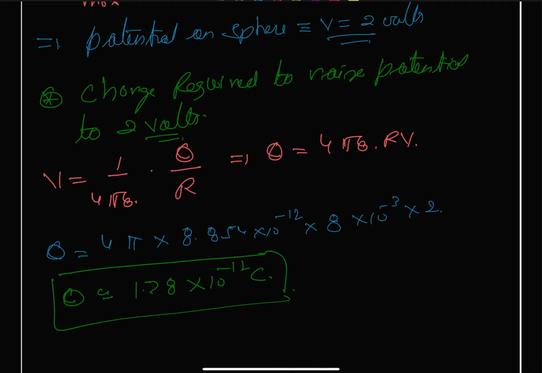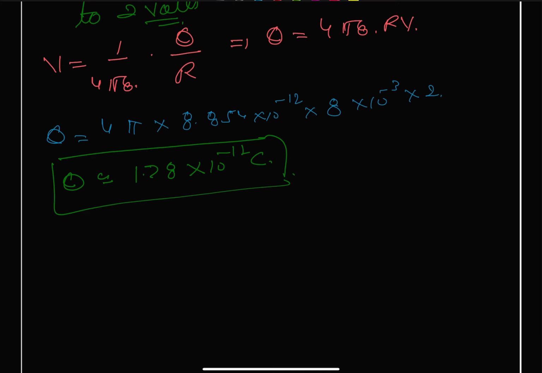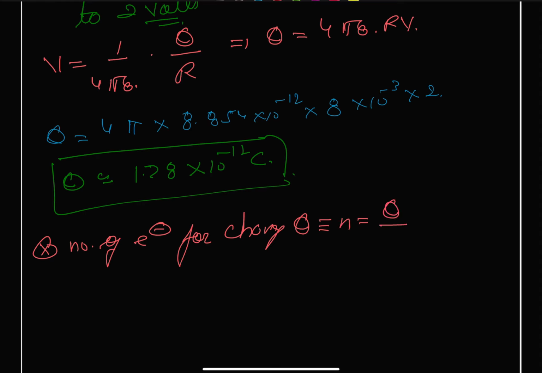So this is the charge, and from here we can find out the number of electrons required for this charge. Number of electrons for charge Q, that is N, is equal to total charge divided by charge on one electron.